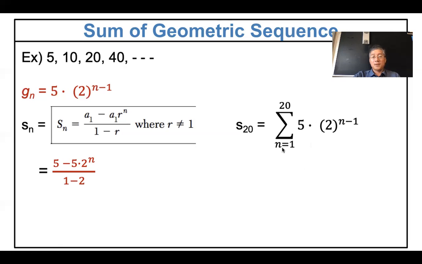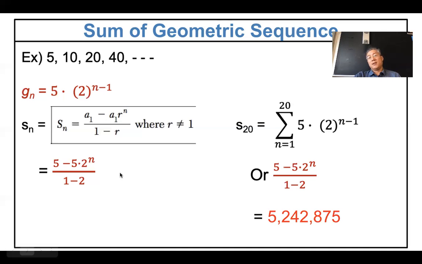Then if you enter, you'll get the same answer, 5,242,875. Does everybody understand? It's just simple, right? Just be careful. Three things: how to use this sigma symbol, or in the formula, first term minus first term times R to the n power, over 1 minus R. And use the calculator. Easy, right?